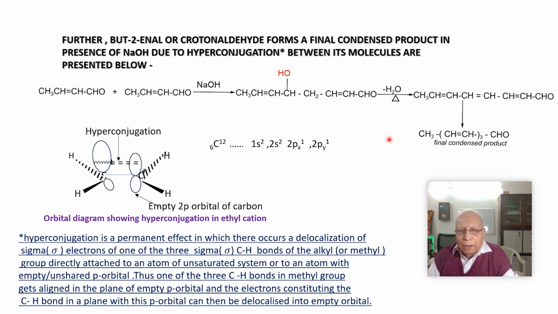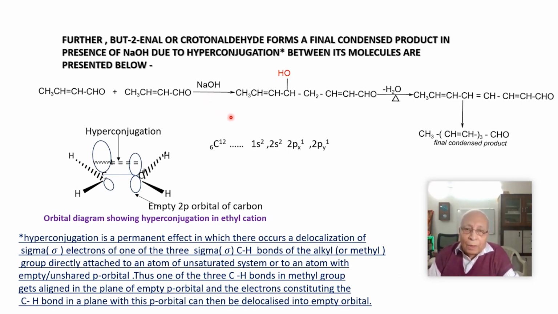It is abbreviated as CH3, CH=CH, CH=CH, CHO. The final condensation product is obtained through hyperconjugation. Of course, this reaction takes place in the presence of sodium hydroxide.